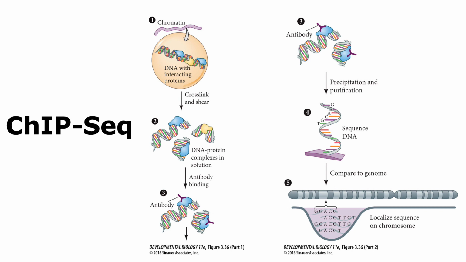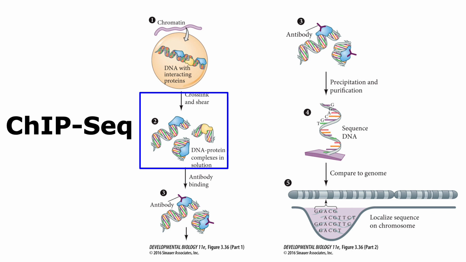To have a visual representation of this technique, in the first step we have our DNA interacting with the proteins in a cell, and the cell will be lysed, and the chromatin that is obtained is going to be cross-linked and sheared. The chromatin is fixed before this whole process occurs to allow the proteins and the DNA to be locked with each other during the shearing process.